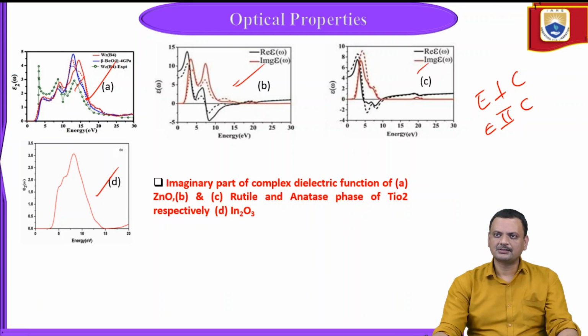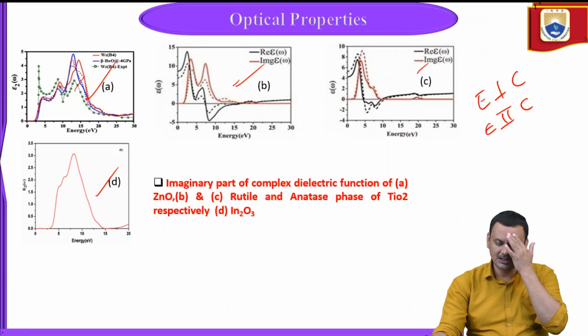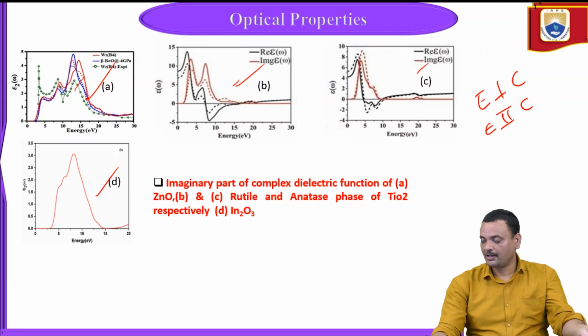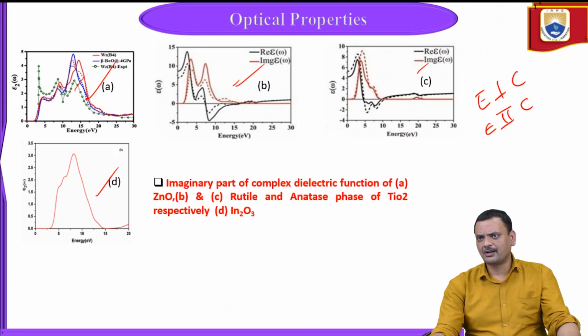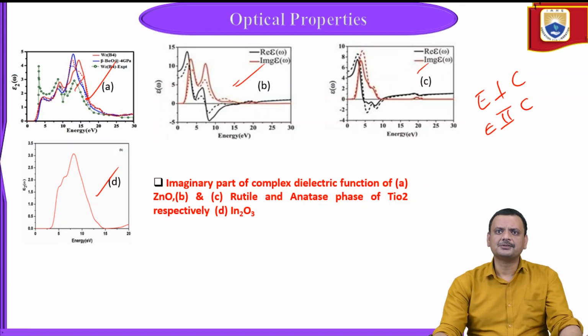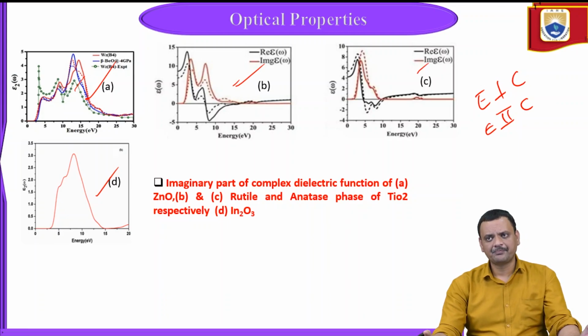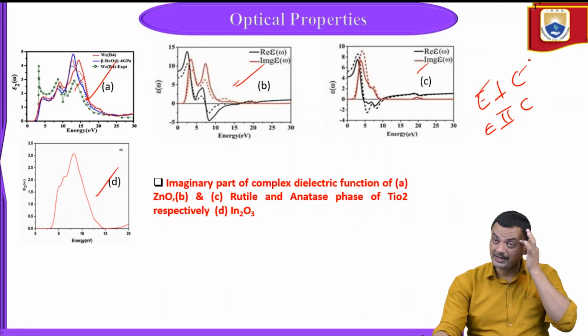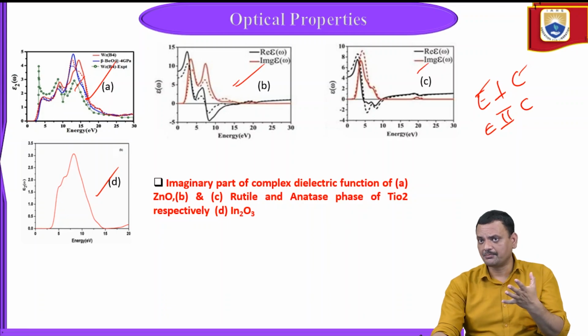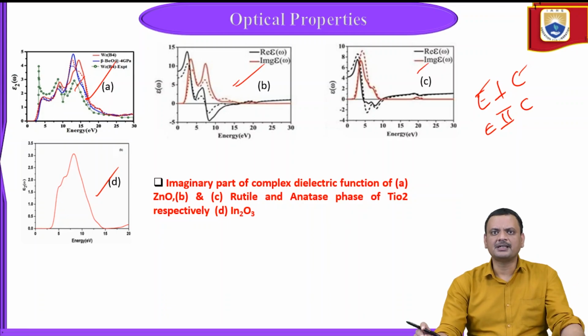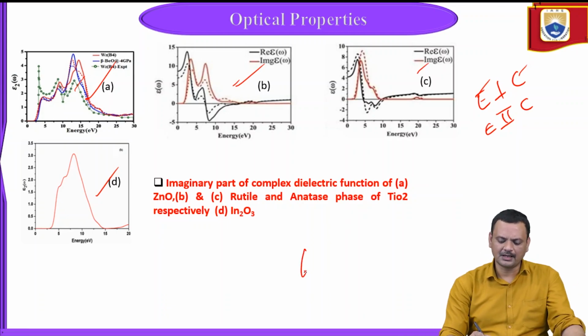That is the transverse component of the electric field and the longitudinal component of the electric field. Once the crystal has centrosymmetry, there is no kind of anisotropy, so both are the same. Otherwise, these two directions will show different properties of the imaginary part of the dielectric function.